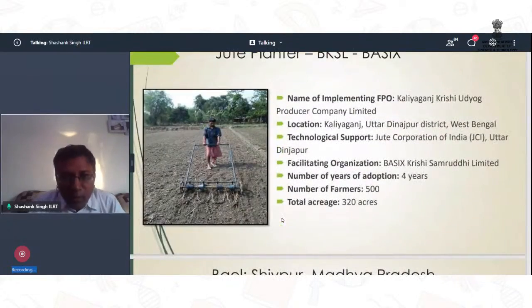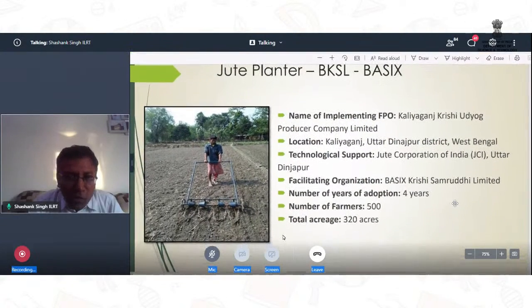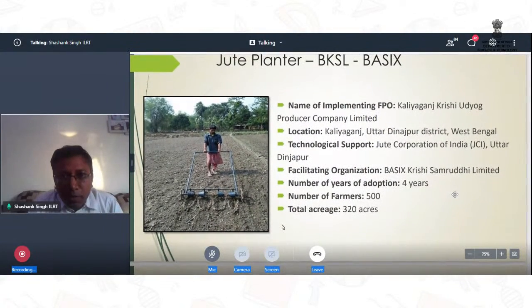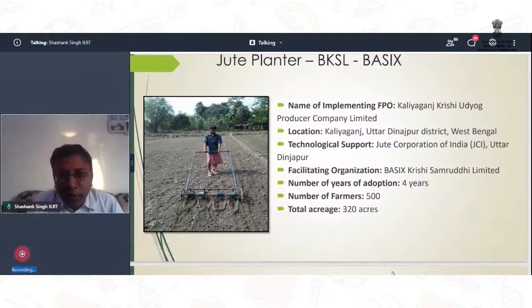A similar example is from our sister organization, Basics Krishi Samriddhi Limited, where they work with farmer producer companies and producer groups. In West Bengal, the farmers are involved in jute plantation, and they intervened with a jute planter that can sow seed in rows. The seed rate decreased and productivity increased by 15%, so you have 15% more production.